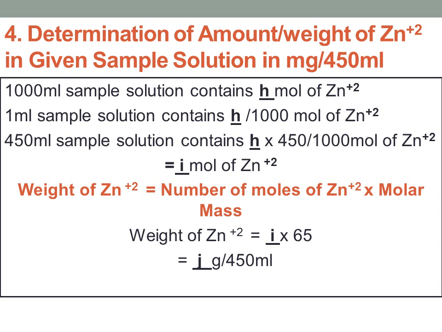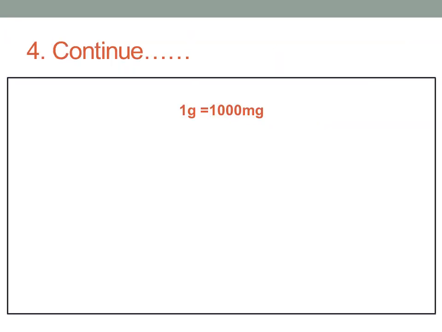We know the number of moles and the molar mass, so I, the number of moles, into its molar mass 65, we are getting J grams of zinc plus 2 in 450 ml. Earlier we found the moles, and after applying the formula we have found the grams here. But our task is to find the milligrams in 450 ml. Right now we know the grams in 450 ml. Next, see how we can find the milligrams.